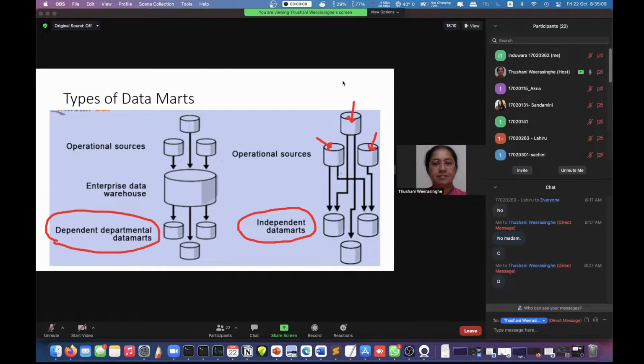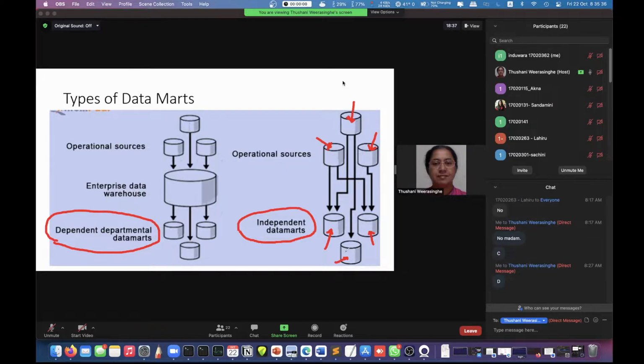Then after that, these data need to be sorted out, and subject wise for analytical purpose, for generating reports, we can further analyze and place them in another set of data marts. Subject wise we can analyze and then categorize according to the company requirement, and save them in the independent data mart.